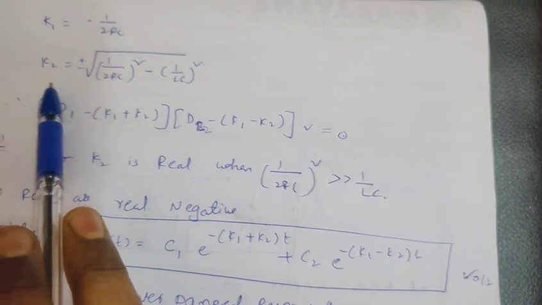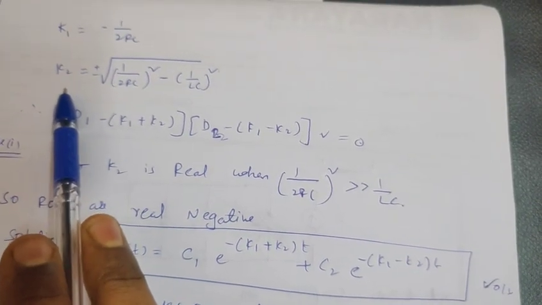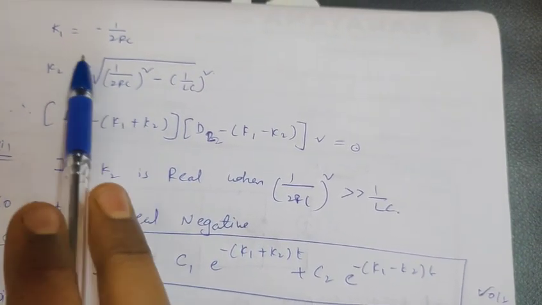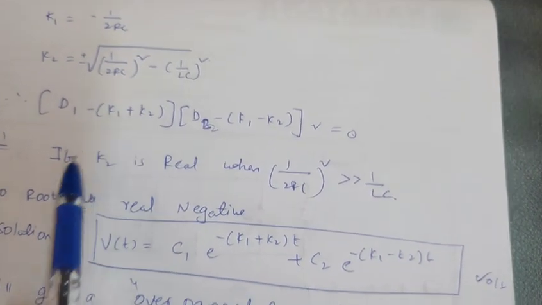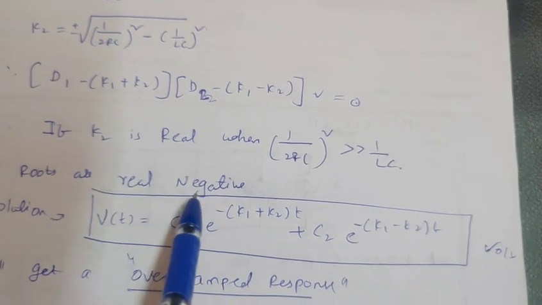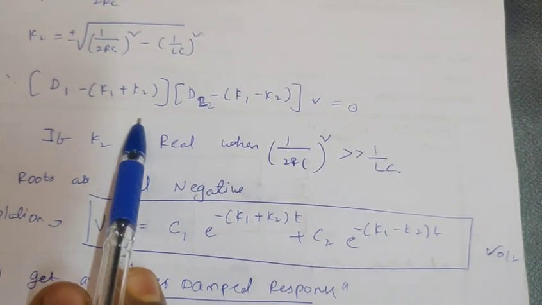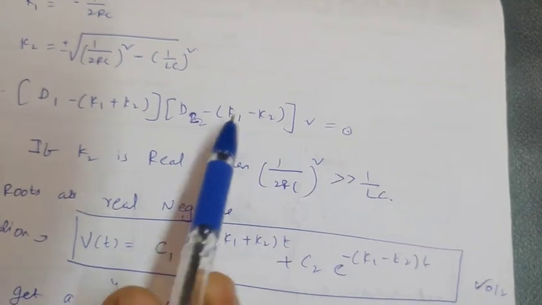Why? Because here we are getting a K2 value as a real value. K1 is minus 1 by 2RC and K2 is a real value, which means you will get real and negative values, because you have K1 plus K2 and K1 minus K2.